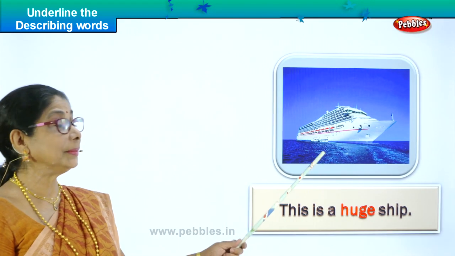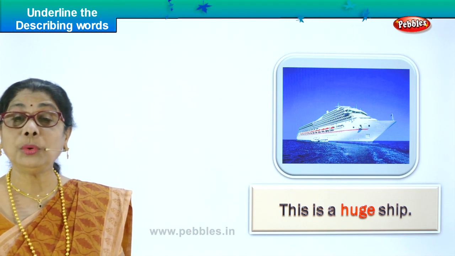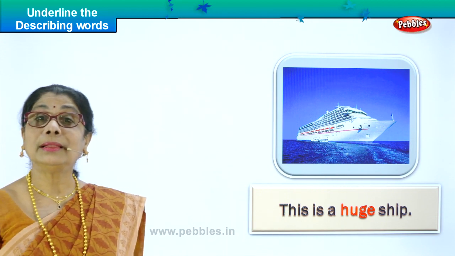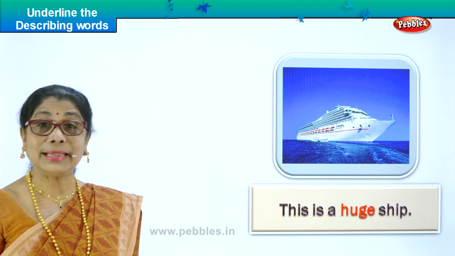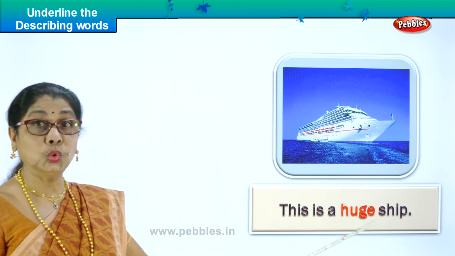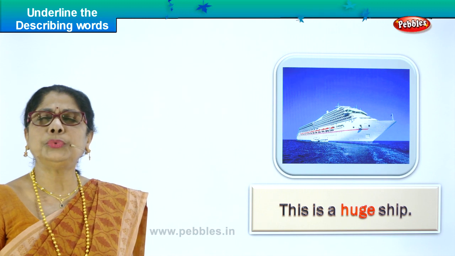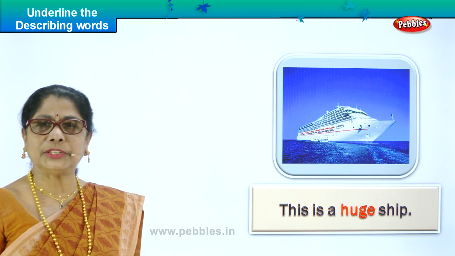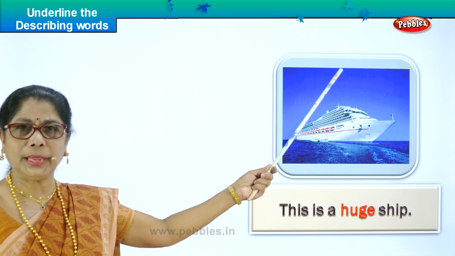See what you have here. What is this? Ship. Where does the ship go? It goes on the ocean. Big white seas and oceans. Yes? Let's read. This is a huge ship. Is it a small ship? No. In the ocean, only huge, very big ships go. Now what describes the ship? Is it small or big or huge?